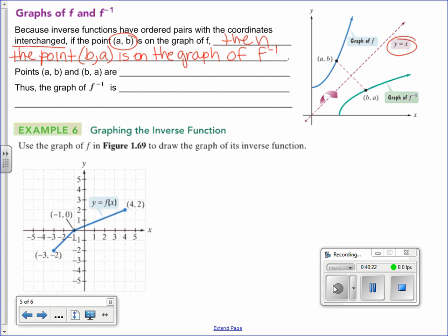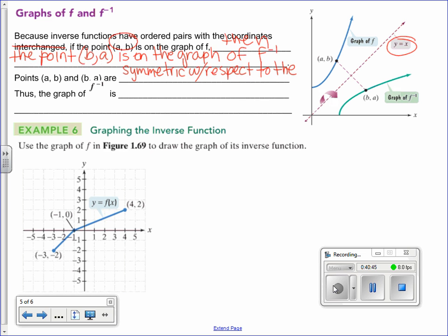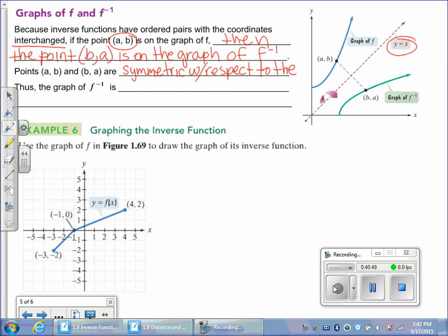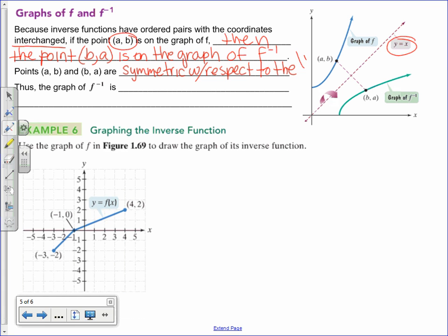So the 2 points (a, b) and (b, a) are symmetric with respect to the line y equals x.